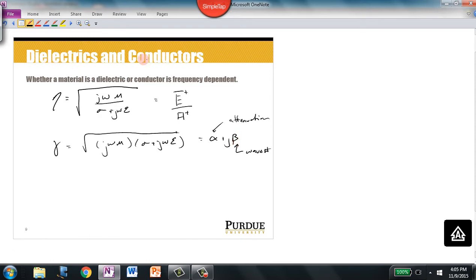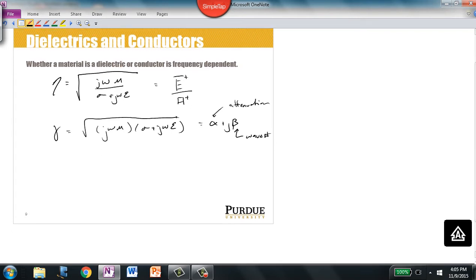So how does this relate to dielectrics and conductors? Well, the term we can manipulate is the sigma plus j omega epsilon term, which is in the denominator here and in part of the multiplication. In some materials, sigma is going to be really, really large. Sigma is how well it conducts electricity.